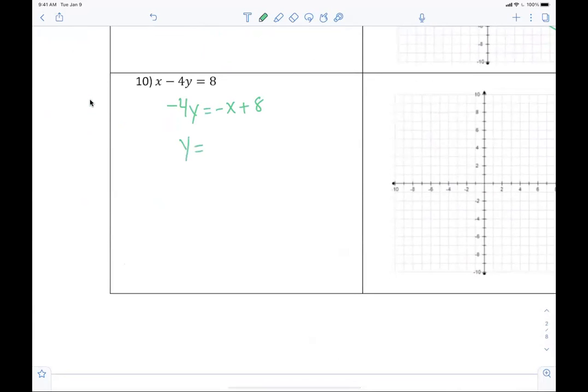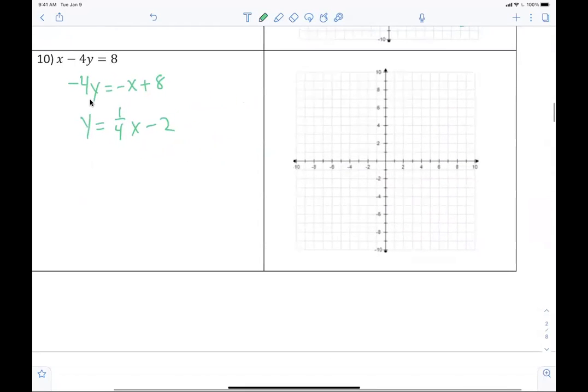So what is that? -1/4 x plus, and then there's minus 2. Do you agree it's 1/4? Yeah. If you put two negatives, it's okay, but we just don't traditionally do that. Then you go down 2, up 1, and right 4.